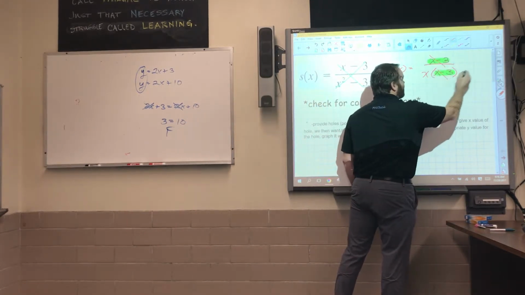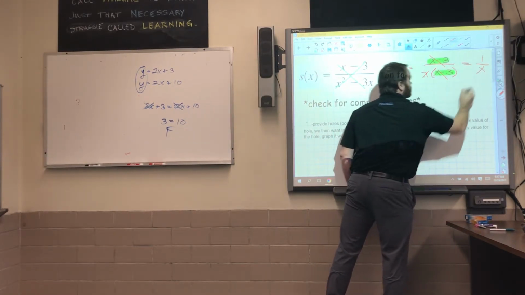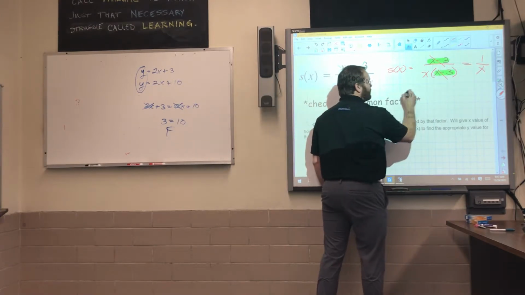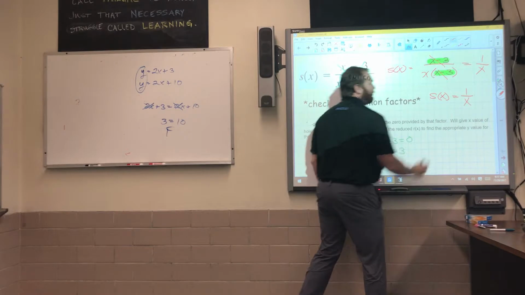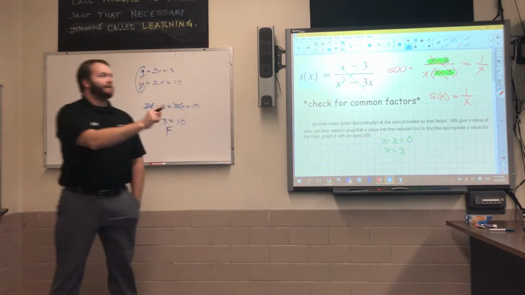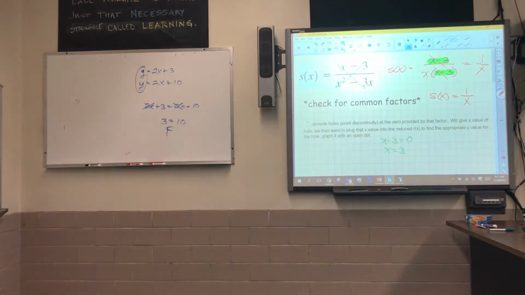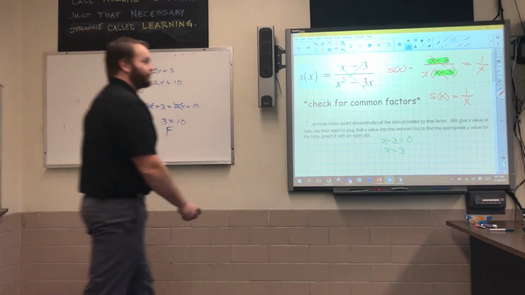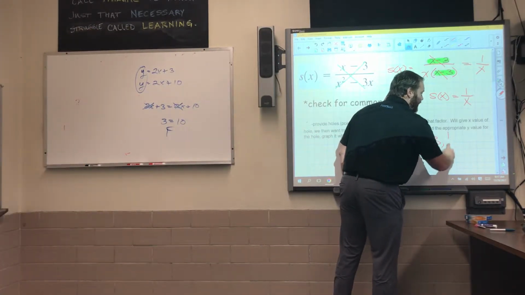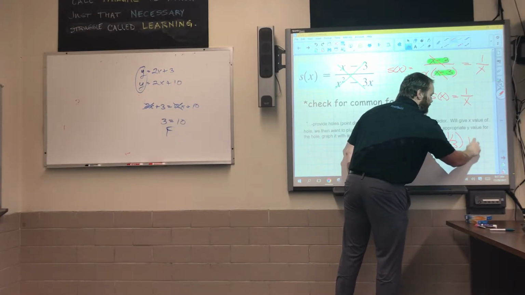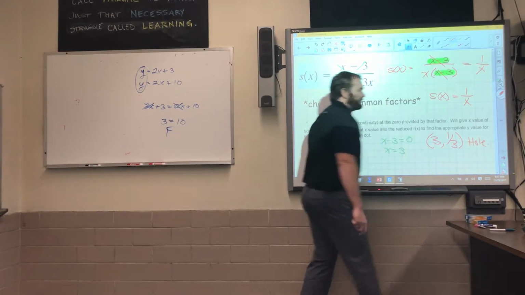We want to plug back into the reduced one. The reduced one is s of x is 1 over x, right? Plug x back into that one, what do you get? 1/3. So that tells me when x is 3, y is 1/3, and that's a hole.